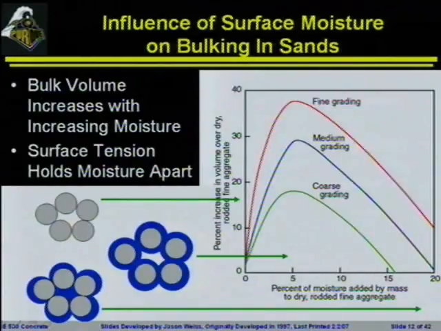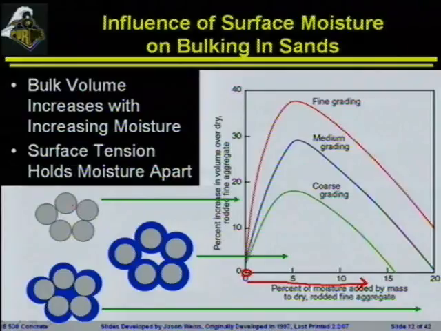Here is a typical bulking type plot. This is the volume that sand occupies as you change the moisture content of that sand. So we go from a system that may be oven dried all the way over here. You start adding moisture into the system, and what you will see is the volume will actually increase and then decrease.